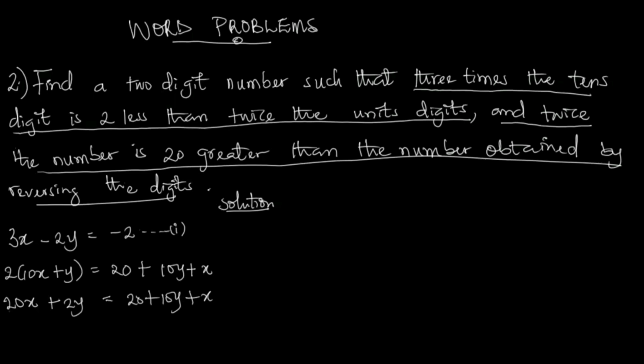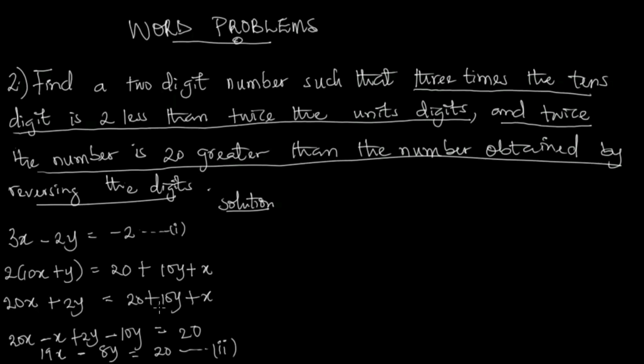Collect like terms: 20x, bring x to this side, you're going to have minus x, plus 2y, bring 10y to the other side, you're going to have minus 10y equals, we'll be left with 20. So here you're going to have 19x minus 8y equals 20. And we have our equation 2.